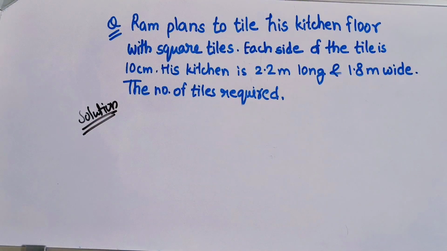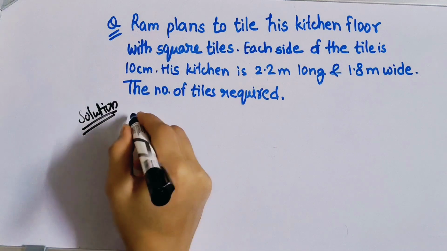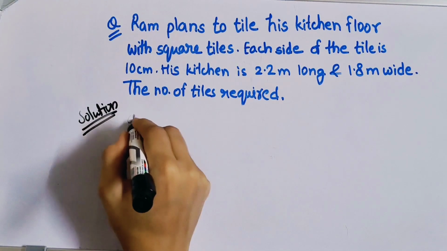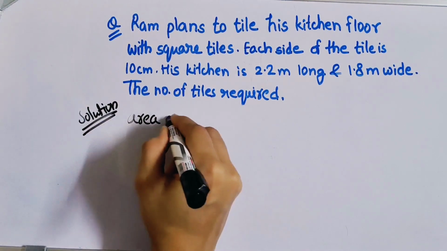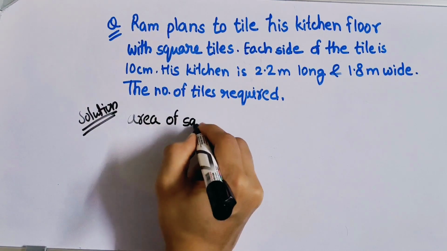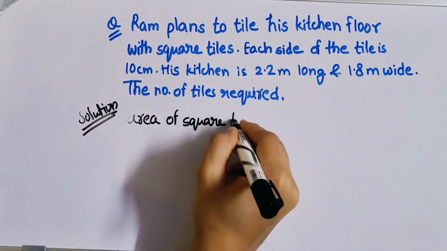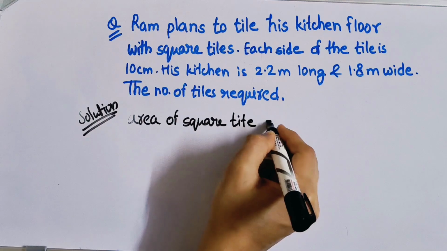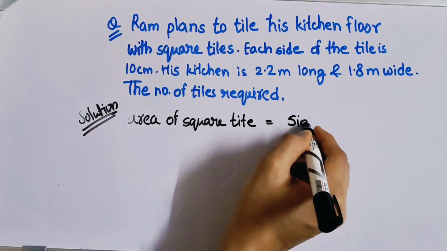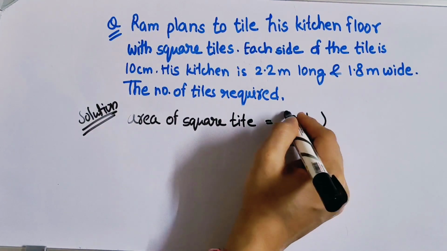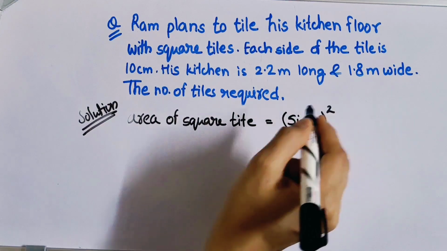Now area of square. First we'll write the area of square formula. Area of square tile equals to side square. We know the formula for area of square, so side square.